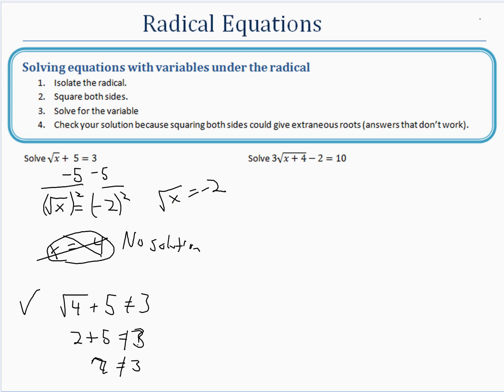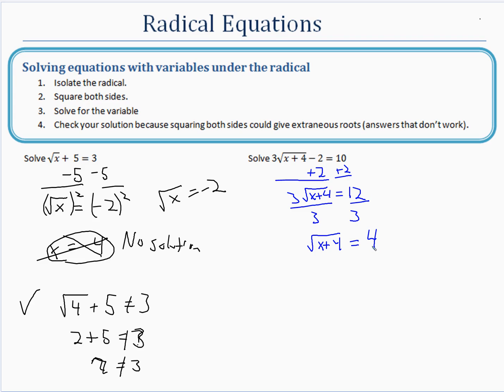Our next one, we're going to follow these steps again. We isolate the radical, or solve for the radical, so we're going to add 2 to both sides, which gives us a 12 on the right side, and we have 3 square root of x plus 4 is equal to 12. To continue isolating, we would divide both sides by 3. That gives us the square root of x plus 4 is equal to 4.